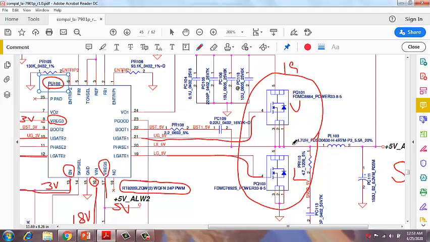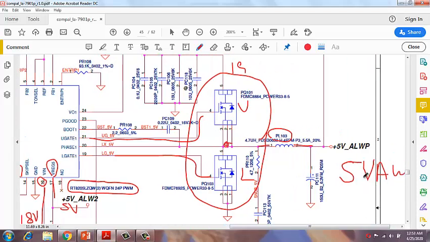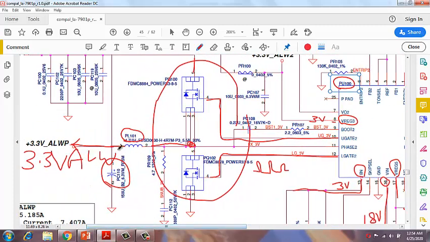Pulsating AC voltage is generated here, passes through the coil at PL103, gathers across the capacitor and generates 5 volt here. So in this way, we can check 5 volt at this coil or the capacitor, and 3 volt here at this coil or the capacitor.